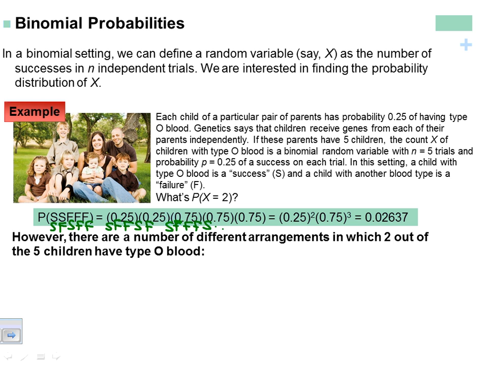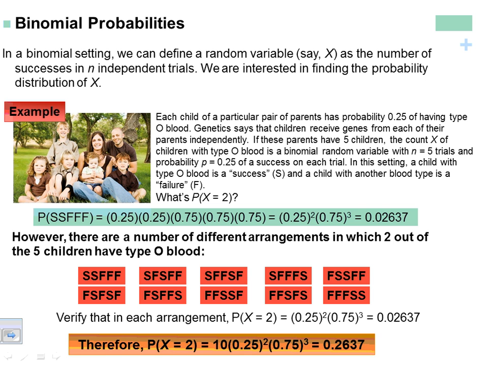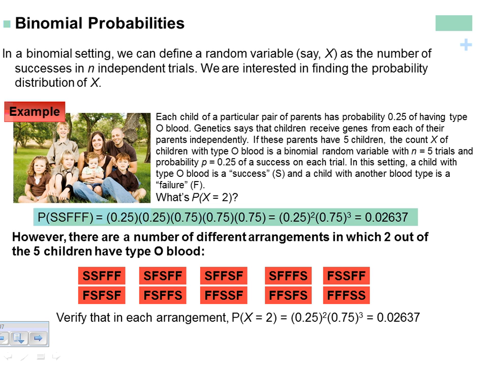And there's a few more ways, but you get the idea. How many different ways could we arrange this? You could keep going and see how many different arrangements there would be. Okay, so here you can see that there are 10 arrangements if you kept that up.